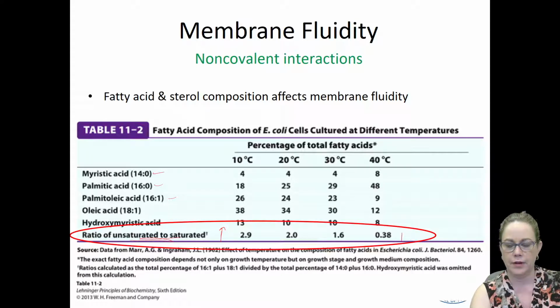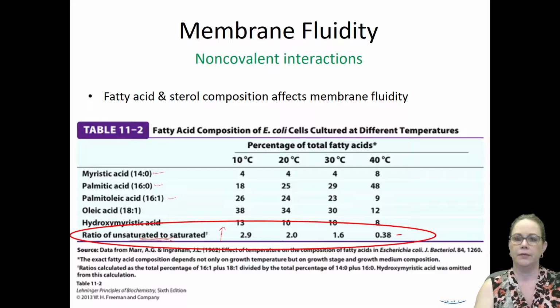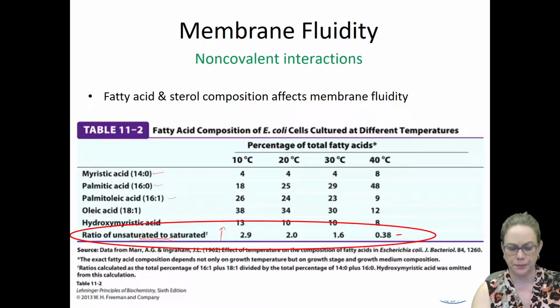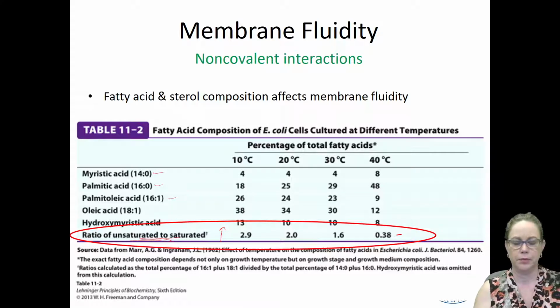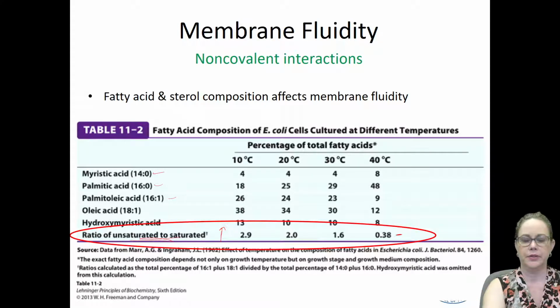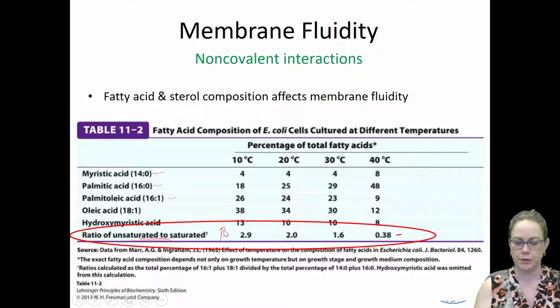We have a higher amount of the saturated fatty acids present at the higher temperatures. So that goes along with our melting point, where the unsaturated fatty acids lower our melting point, and that's necessary so that the bacteria can maintain some type of fluidity at those lower temperatures.